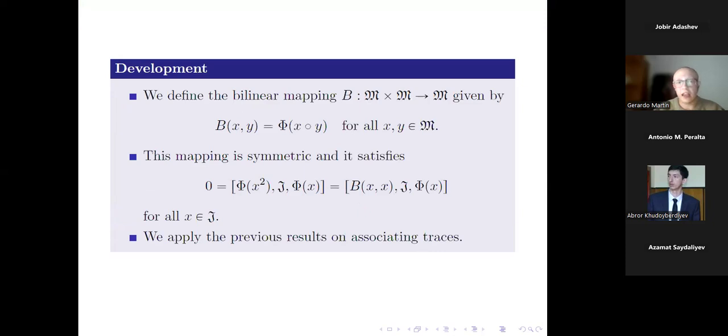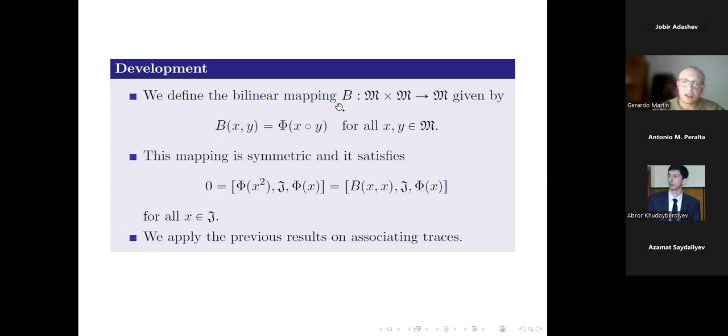In a sketch of this proof, in order to remark the difference in this case: in the bijective case, we defined a map in terms of phi and the inverse of phi, but in this case we cannot do that, since we don't know it exists.